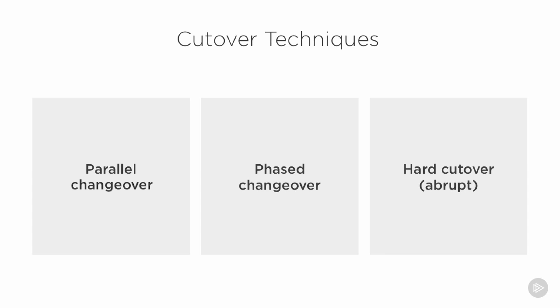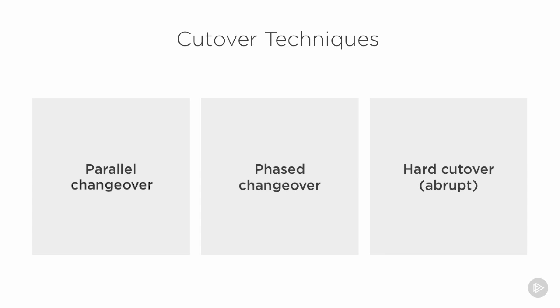The idea of a phased changeover also brings in the problem of data synchronization, and also the idea that some parts of the business are running on the old system, some are running on the new, and that can sometimes be a challenge when it comes to cooperation between different departments as well.